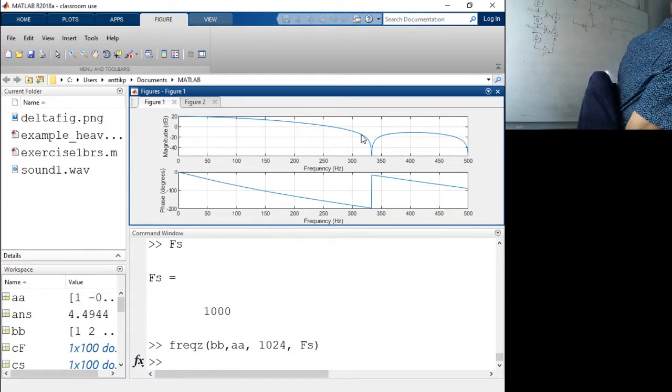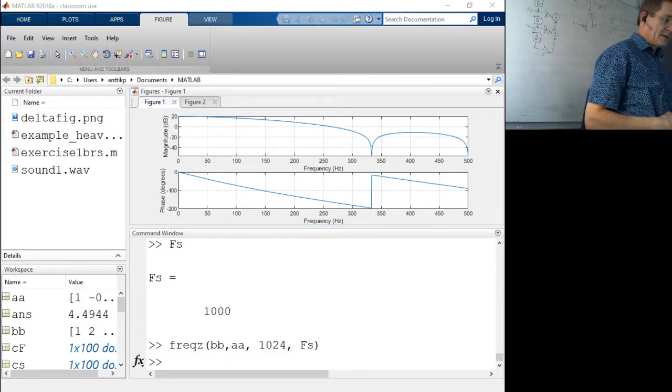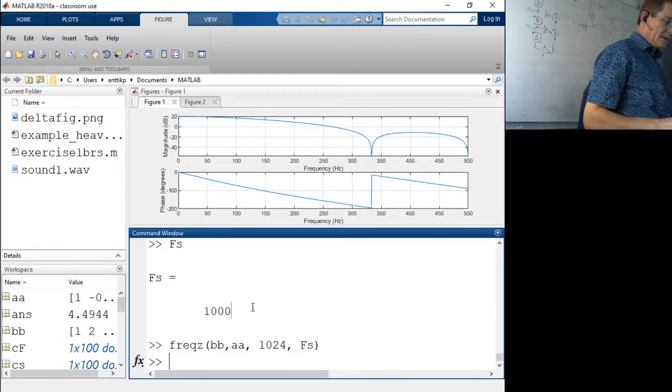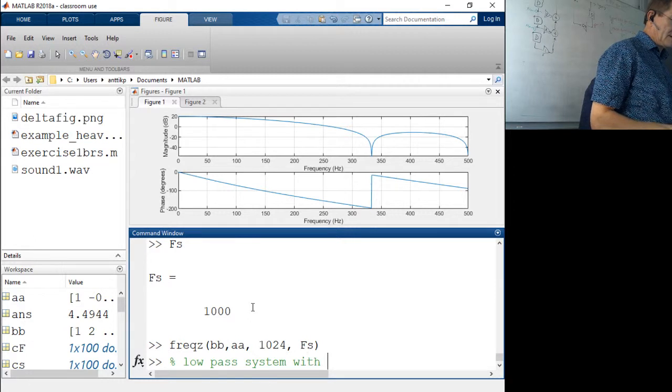Oh no, 300 hertz, and stop band attenuation is 40 dB. This is not a unity gain system. Definitely not unity gain, because this has a gain of 20 decibels. But anyways, low pass. So a low pass system with about 20 dB gain.